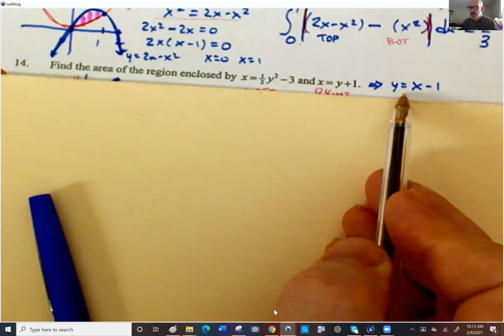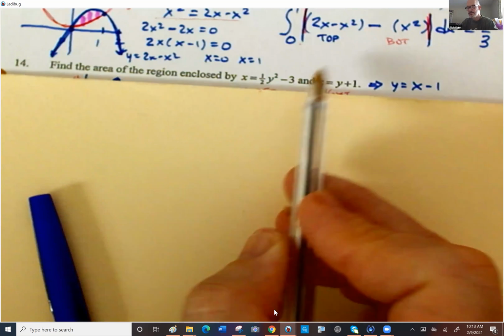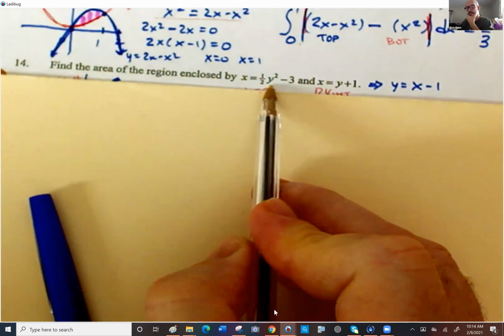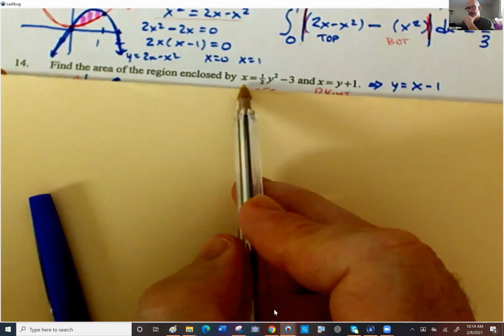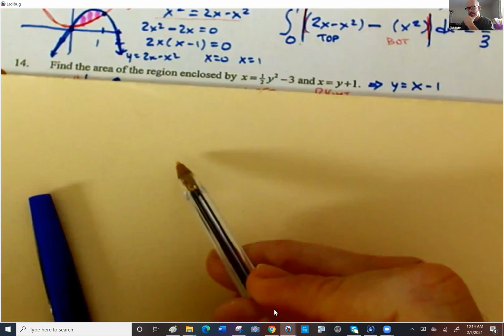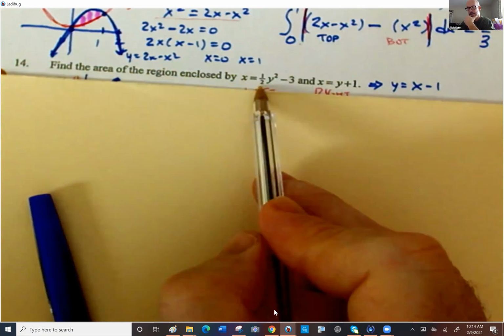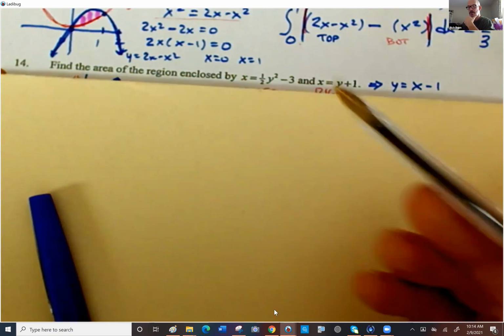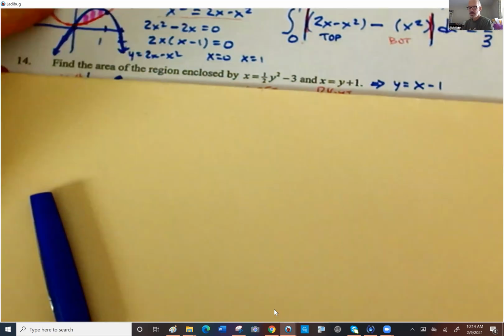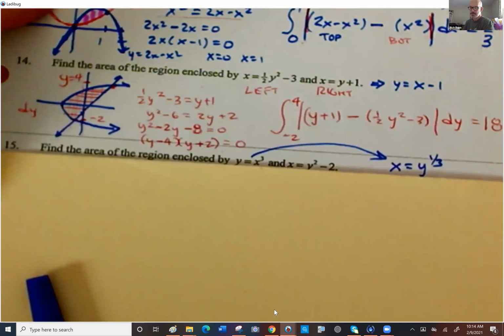It's just going to be the graph y equals x minus 1. This one, we know that it's going to be a parabolic shape, but of course it's going to be either opening to the right or opening to the left. Since this is positive, it should open to the right. And since this is negative, we should start at -3 on the x-axis.